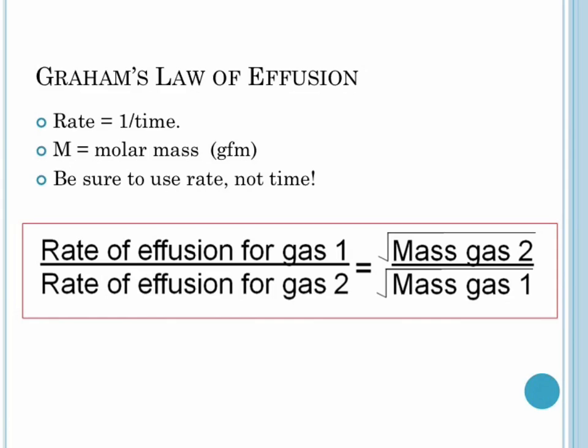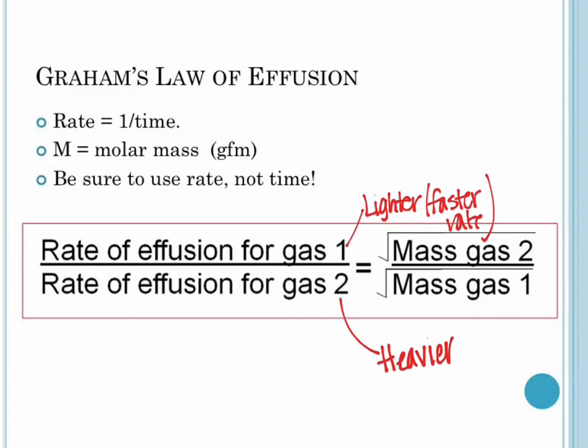So here's our equation. The rate of effusion for gas 1. Please make note that gas 1 is my lighter gas. Gas 2 is my heavier gas. The lighter gas travels faster, so lighter has a faster rate, and the heavier has the slower rate.